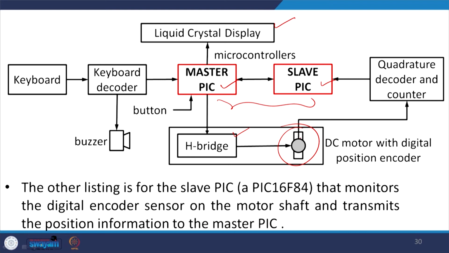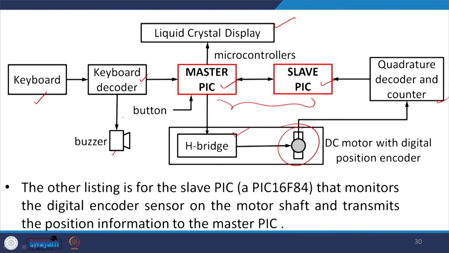The output, or the speed of the motor, can be taken from over here through a quadrature decoder and counter, and then fed to the slave PIC. For providing input we have the keyboard, and a keyboard decoder to decode the keyboard commands. And you can have a buzzer input.